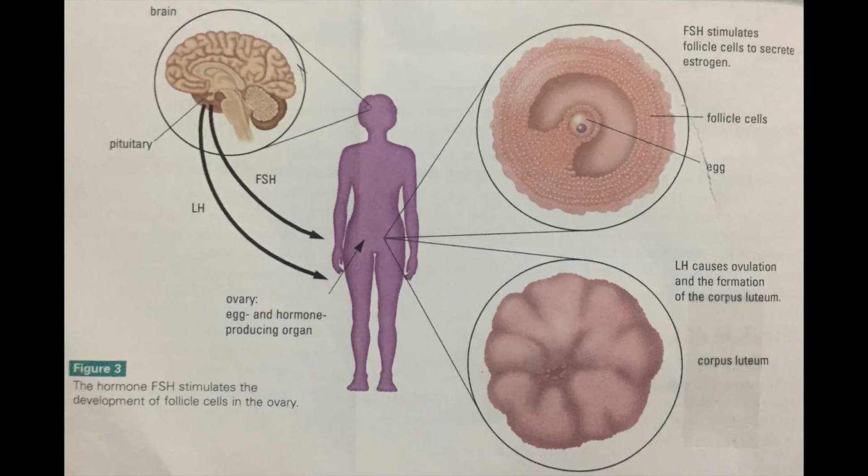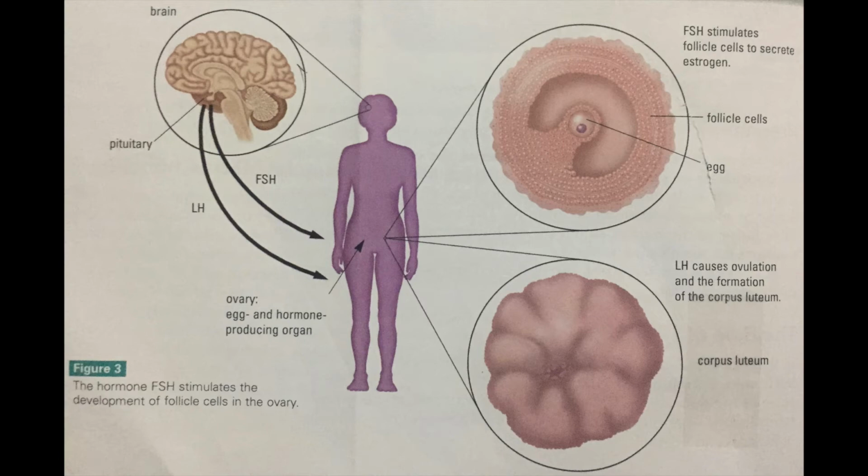Figure 3, the hormone FSH stimulates the development of the follicle cells in the ovary. It begins with the brain, and deep in the brain, the pituitary gland, you have the LH and the FSH coming out. The egg and hormone producing organ is the ovary.